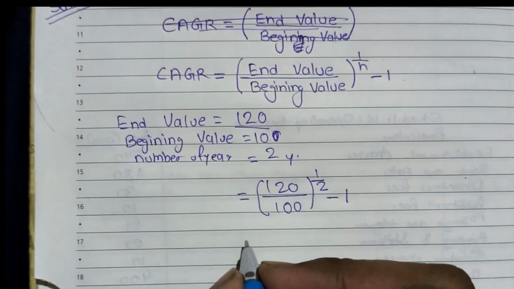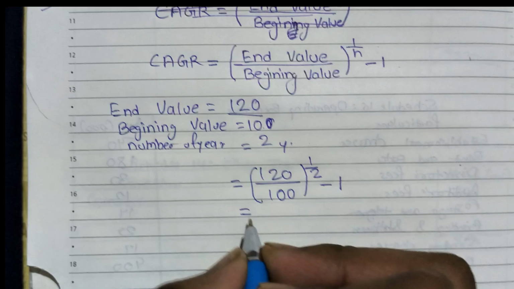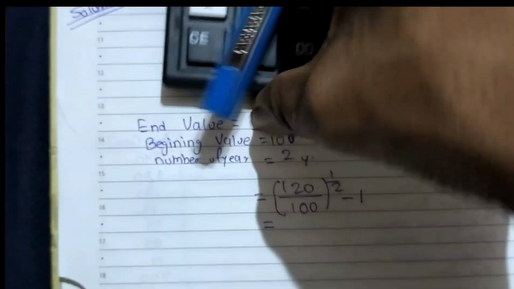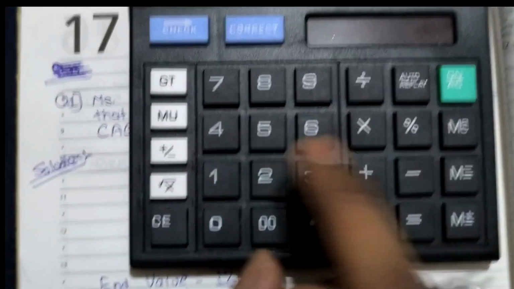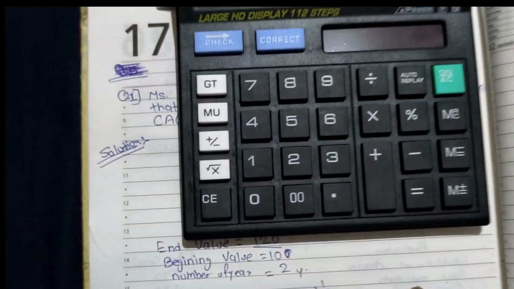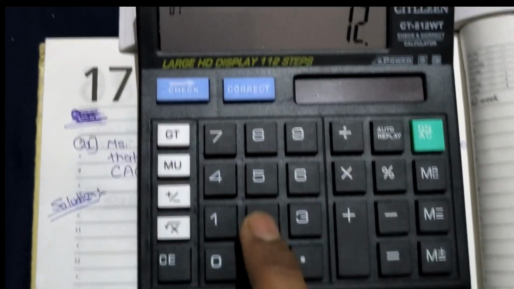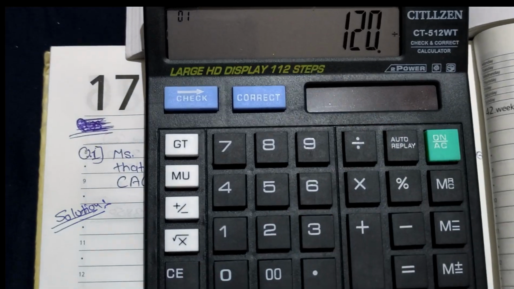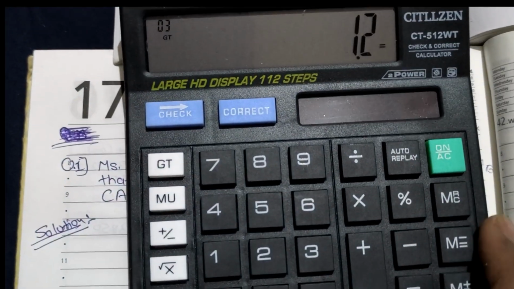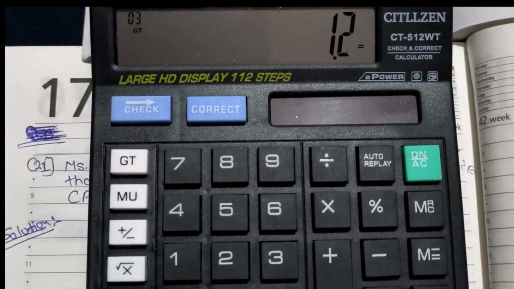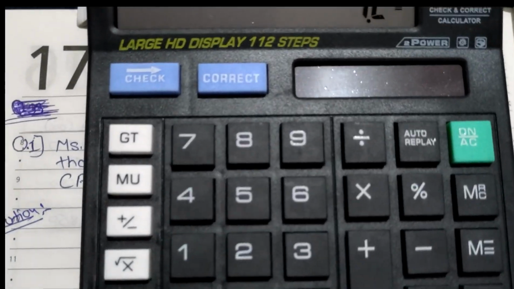So let's calculate in the calculator. 120 divided by 100 is equal to 1.2, and for 2 years you have to press the square root just a single time.